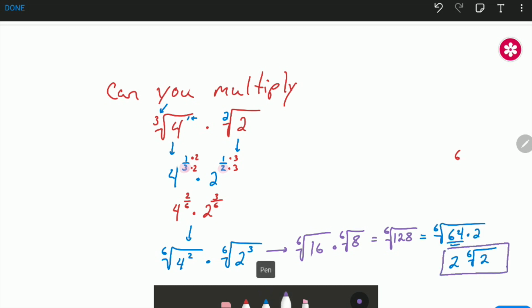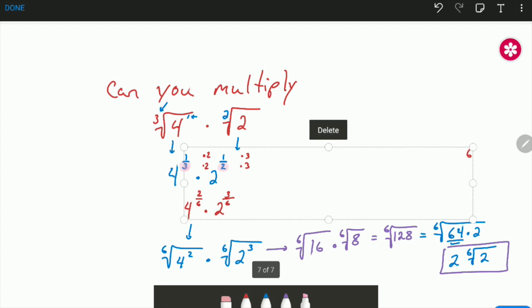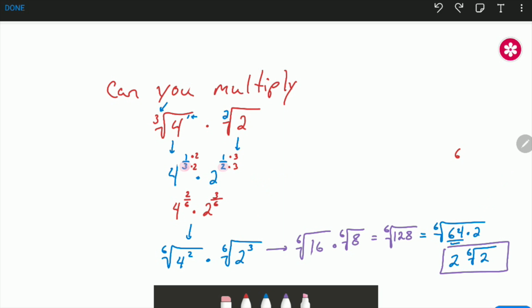And of course, there's other ways of doing it. For example, I could have rewritten this back here. There we go. I could have rewritten it back here as, since they have a common base, I can pull that out, writing it as 4 squared to the 1/6 times 2 to the 3rd to the 1/6.